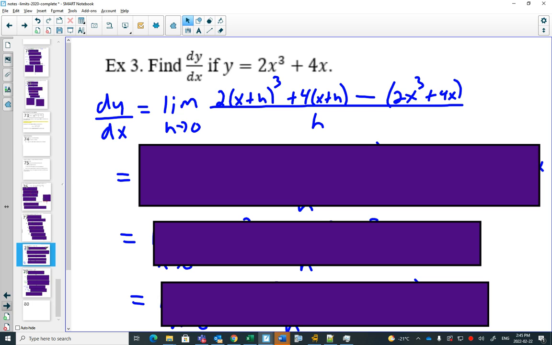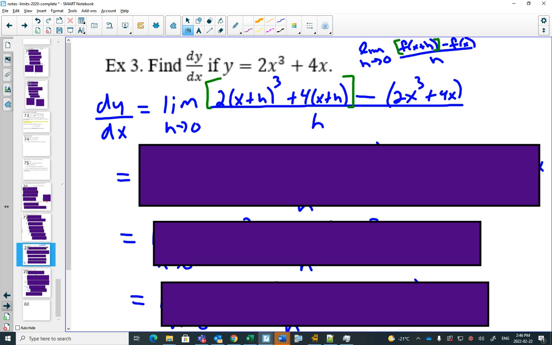If we were plugging in the definition of the derivative, which I'll write up here, limit as h goes to 0 of f of x plus h minus f of x over h, for f of x plus h, just so that you can visualize it, I'll put that in green brackets here, and I'll put green brackets there.